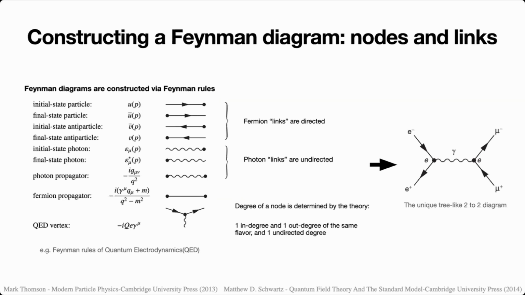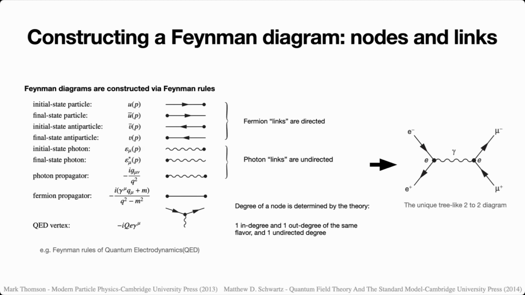In the language of high energy physics, Feynman diagrams are typically constructed via a set of Feynman rules, and each kind of diagram component stands for a certain algebraic object. We can see that the concepts of networks are naturally built into the construction of Feynman diagrams.